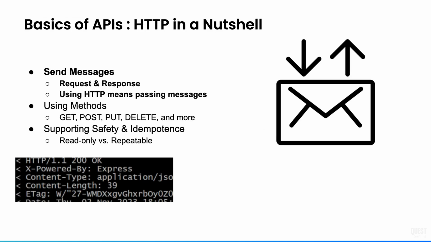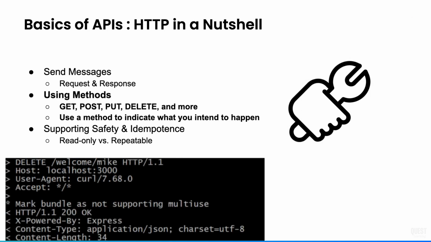So, as a quick review of basics, messages are how HTTP works. We send requests and responses, and we use HTTP as a way of passing messages back and forth. Methods indicate the intent that the client would like the server to get, to read, to delete, to post, to put, and we use that method in these messages.